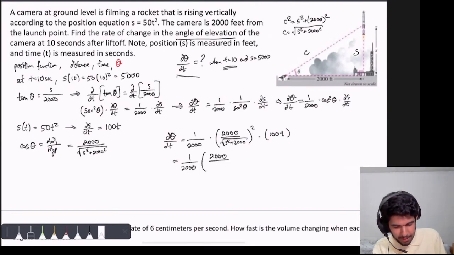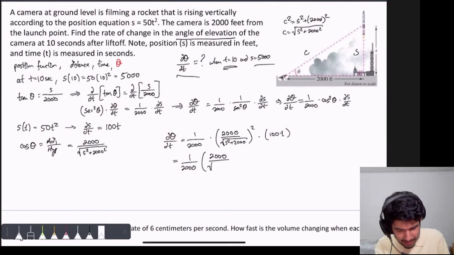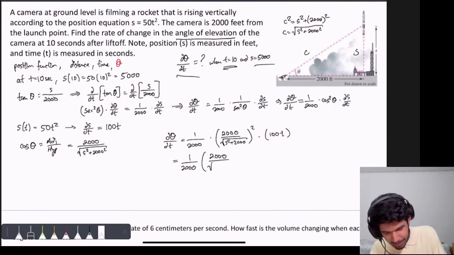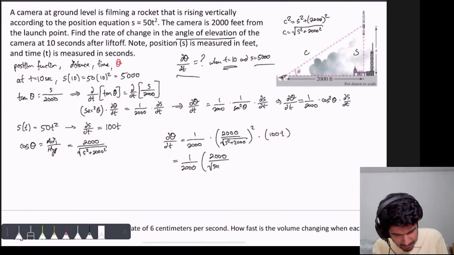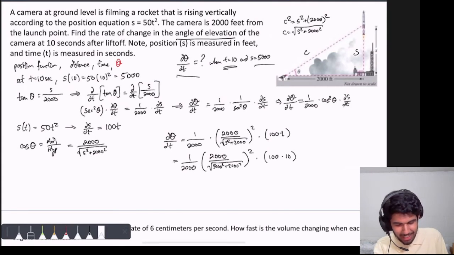We also have to plug in s, and we know that s is 5,000. So that's 5,000 squared plus 2,000 squared, square root, that quantity squared, times 100 times 10. And this should equal 2 over 29 radians per second, right?